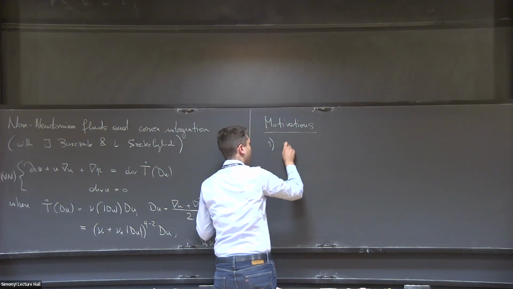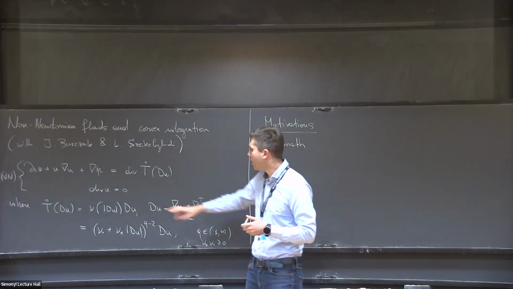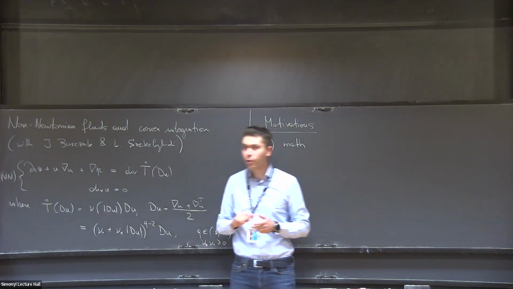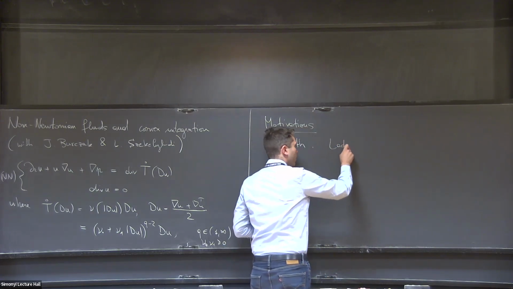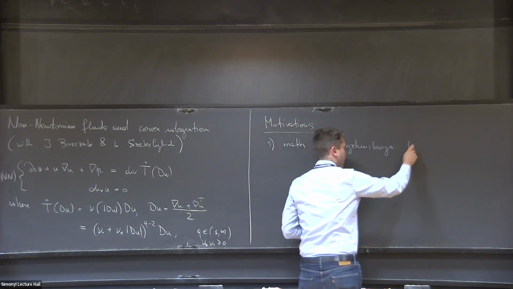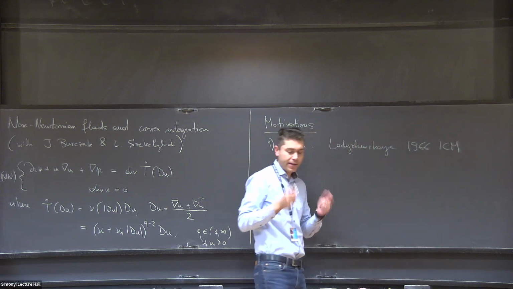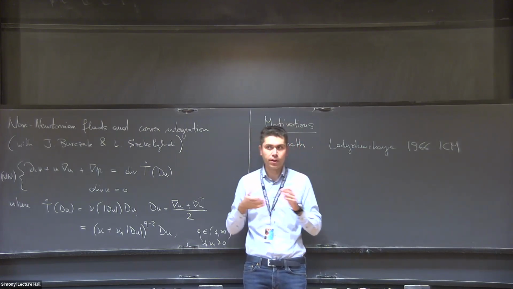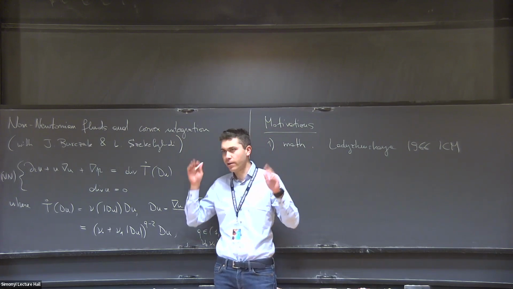First of all, from the point of view of math, this kind of system, with a slightly different choice for this shear stress tensor, in particular for this function nu, was proposed by Ladyzhenskaya in her 1966 talk at the ICM as a sort of relaxation of the Navier-Stokes equation. In the sense that Navier-Stokes equations are difficult, so we want to study something easier in some sense.